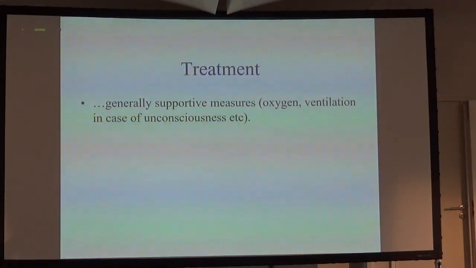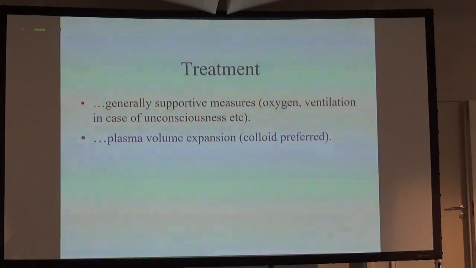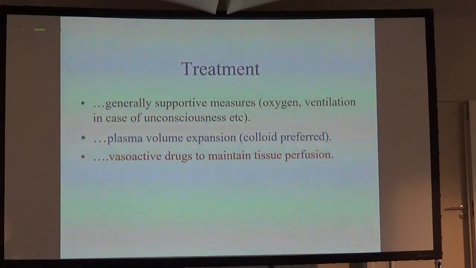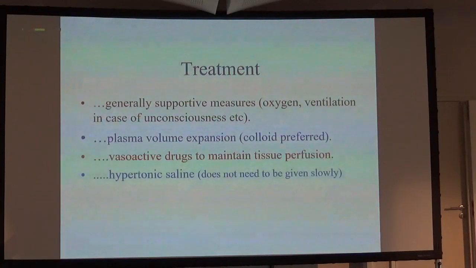That means that if we treat these cases, we should, of course, first take care of the patient's general condition, then expand the plasma volume, preferably with a colloid, and use vasoactive drugs to maintain tissue perfusion. We should infuse hypertonic saline to take back the fluid from the cells, and you don't have to worry about giving this very slowly.